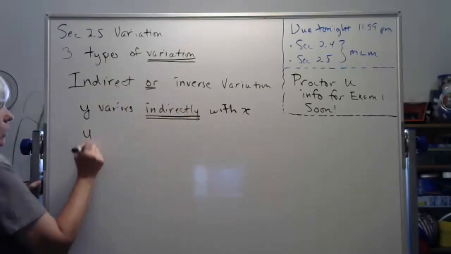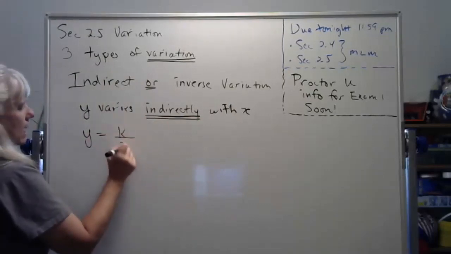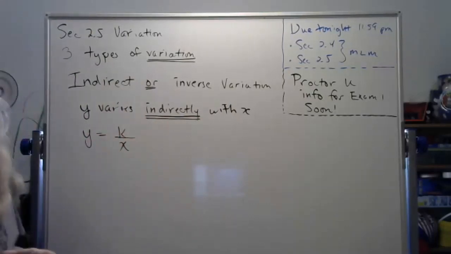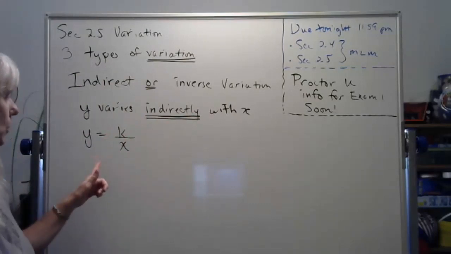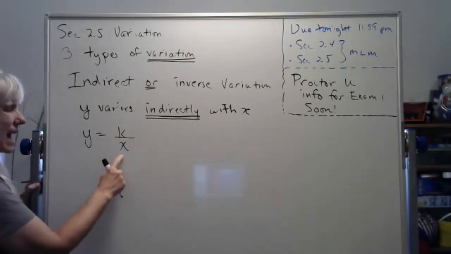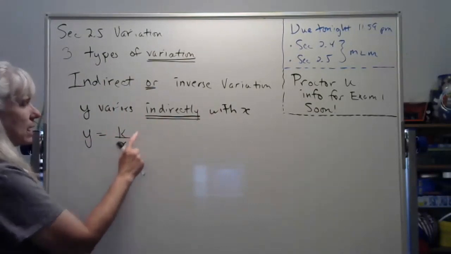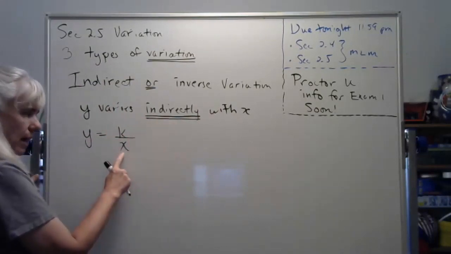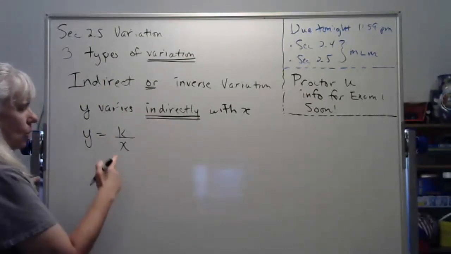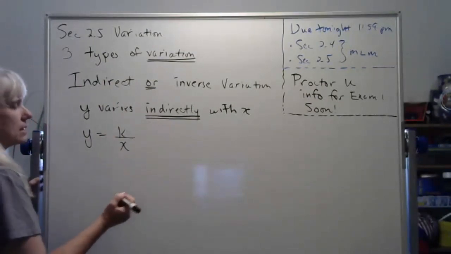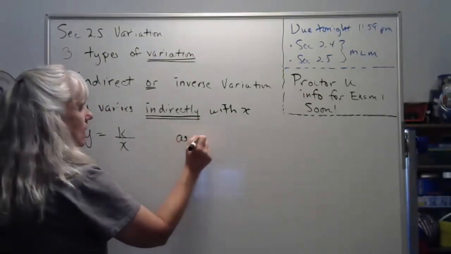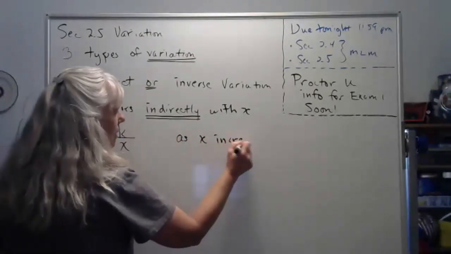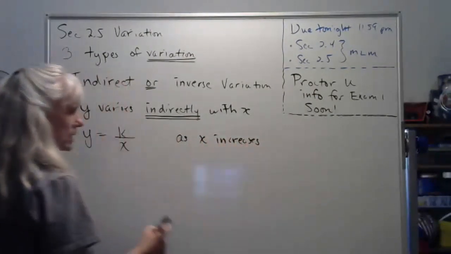What that means as an equation is that y equals k over x. So I'm still using the same k, it's the constant of proportionality, but where I've placed x is in a different location. You'll notice that because it says indirect, I'm going to put the x under the k. Now what happens with this guy is it's simply saying that as x increases, what's happening to y?